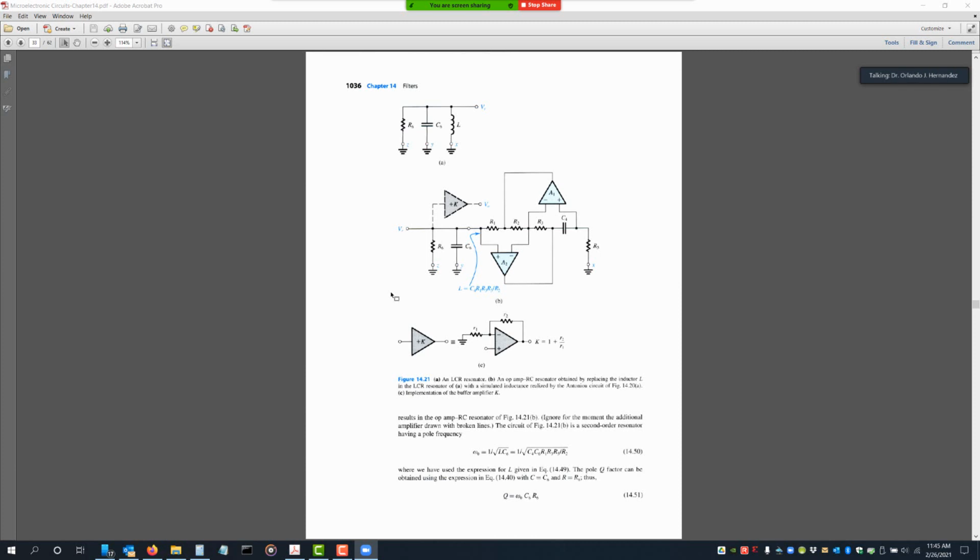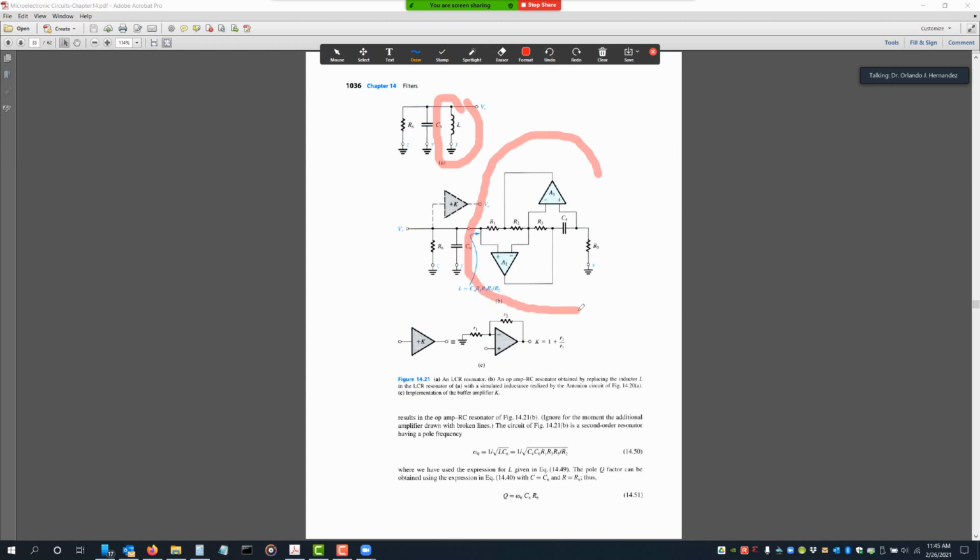All right, very good. You can see here that in the resonator we have taken that inductor and put in our inductor simulator, and we still have the same resonator.